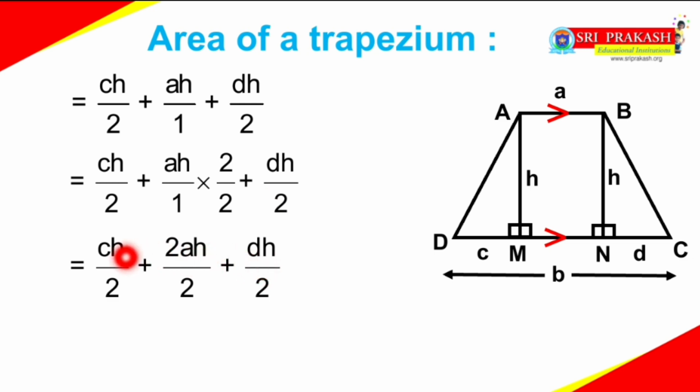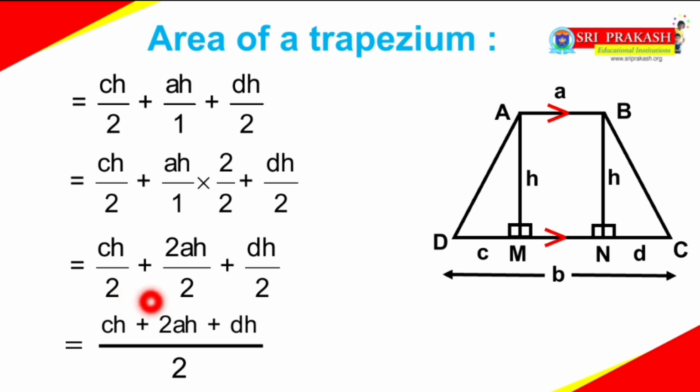Now, these three are like fractions, so we can add the numerators directly. Then we get ch plus 2ah plus dh whole by 2. Children, is there any term which is common in the numerator?